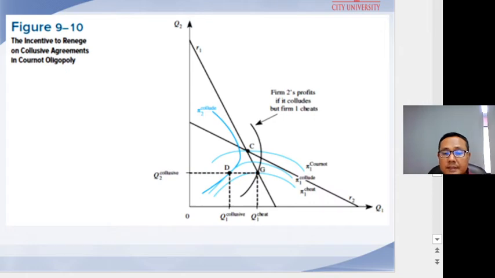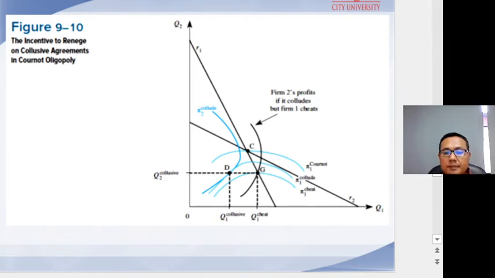So this suggests a firm can gain by inducing the other firm to restrict output and then expanding its own output to earn higher profit at the expense of its collusion partners.